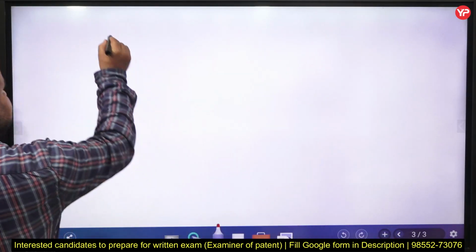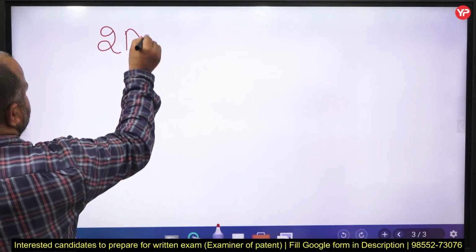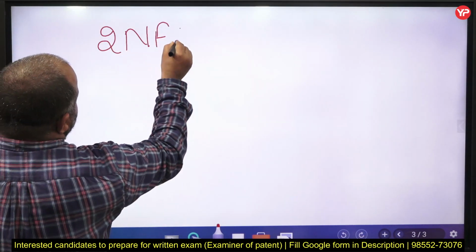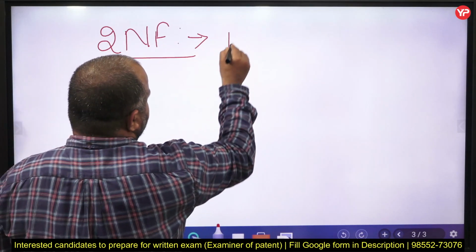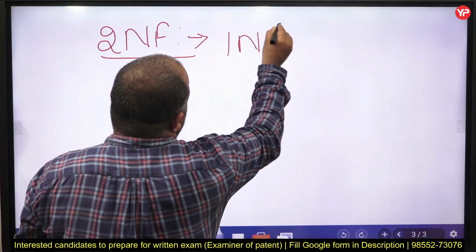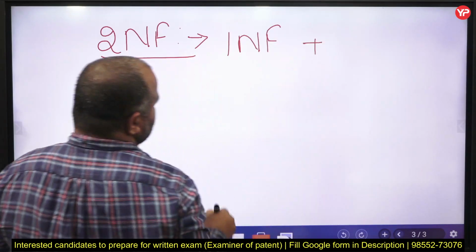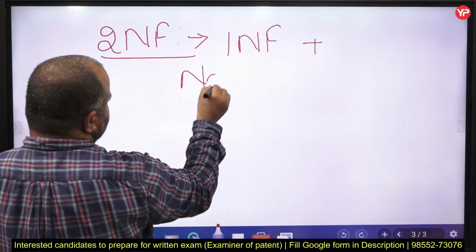Moving towards second normal form, what it says is that first of all my relation should be in 1NF, plus no partial dependency will be there.